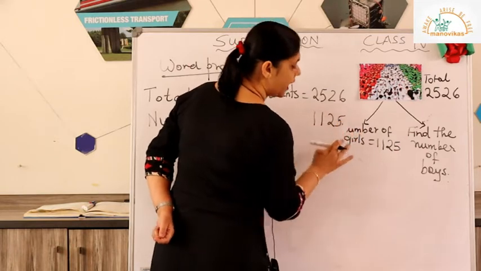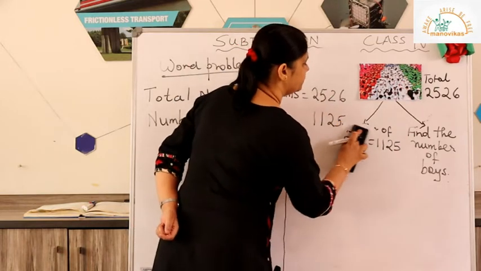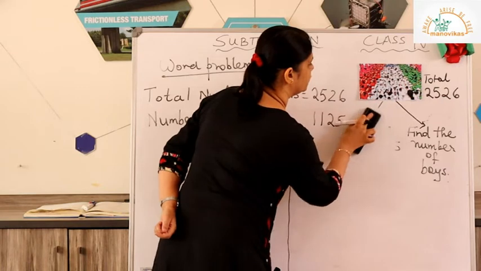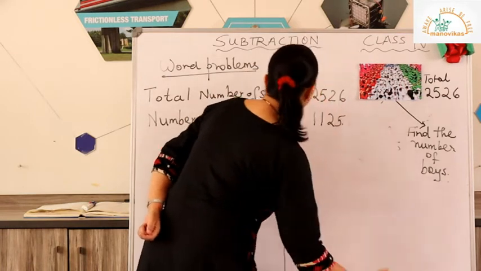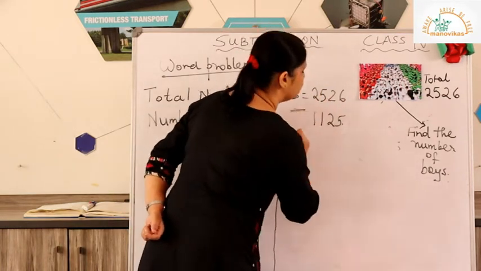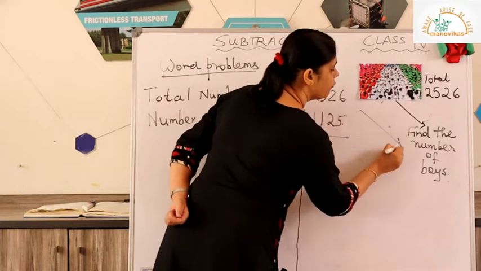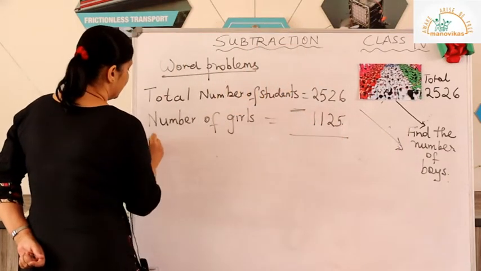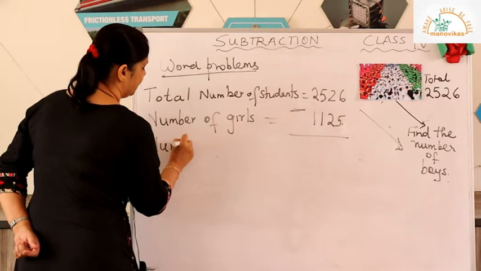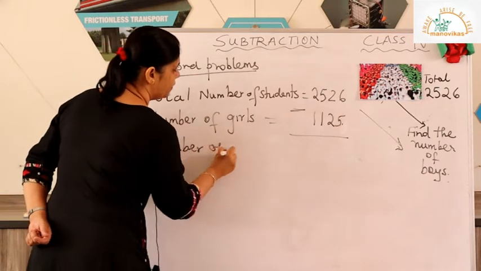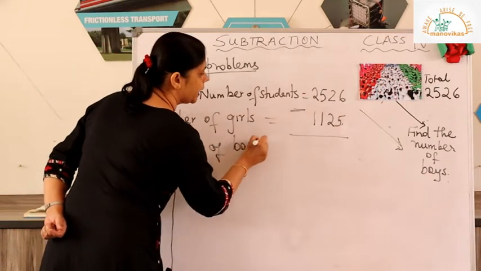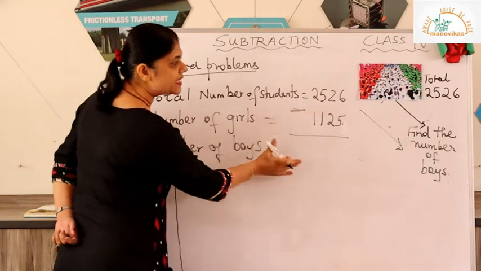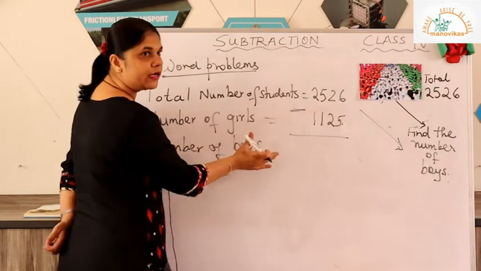Now what you have to do is, I told you, you have to subtract to find the number of boys. So number of boys who took part in the parade will be, please subtract this for me. Who can do it?